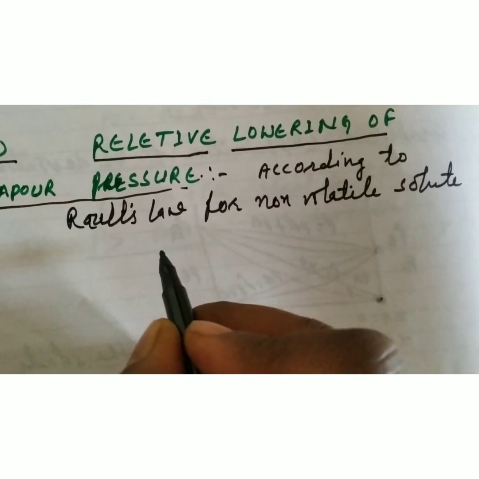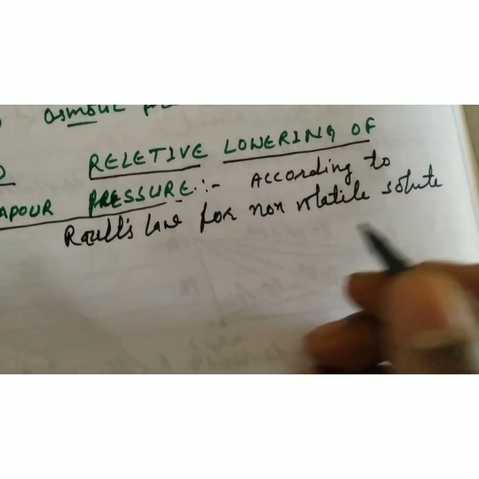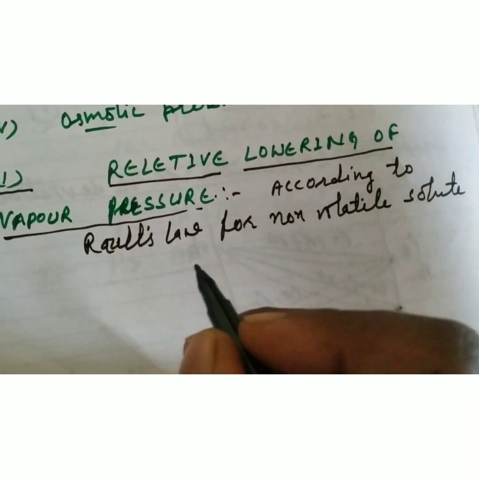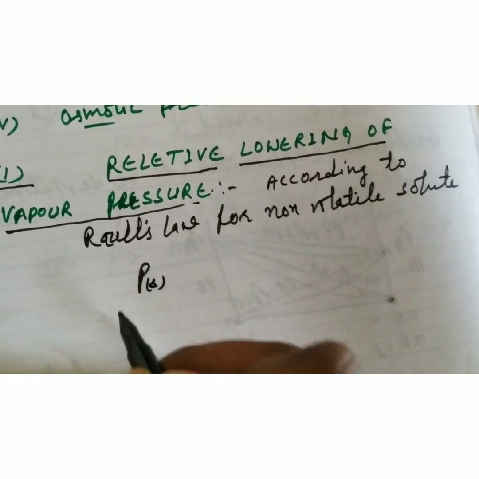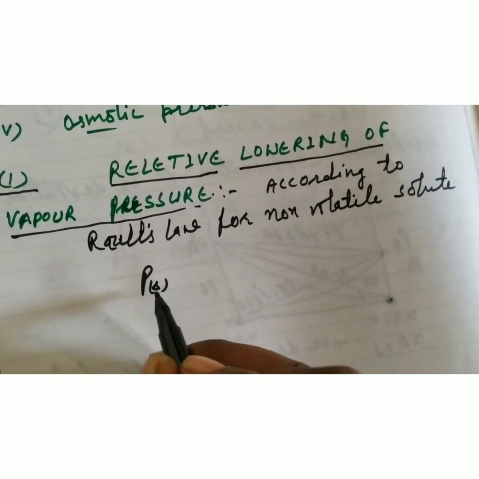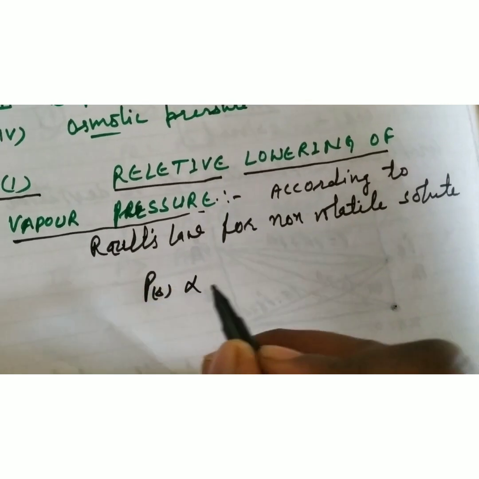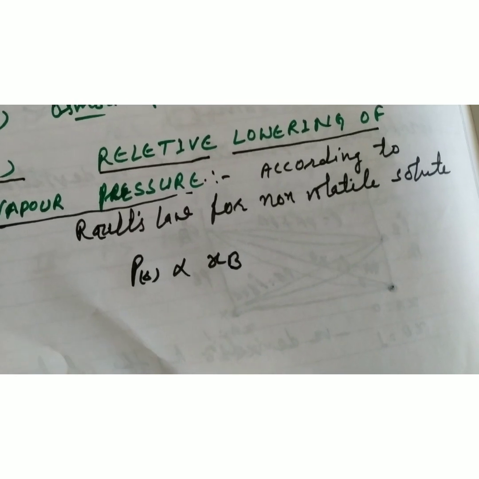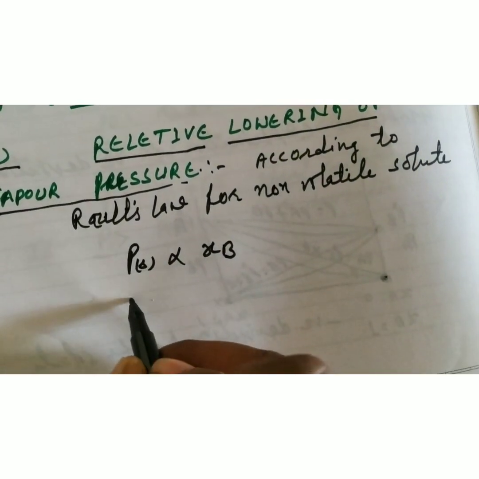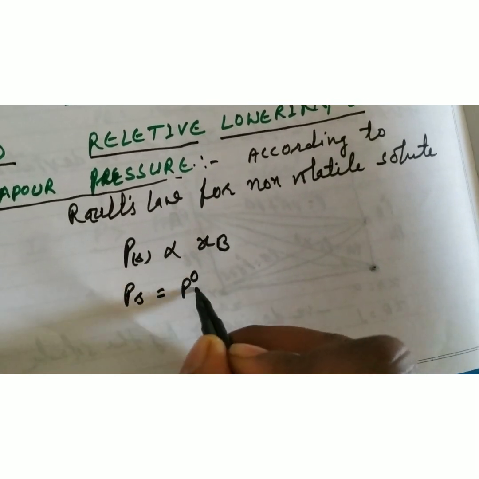According to this law, the pressure of solution, PS, P pressure, S means solution, is directly proportional to the mole fraction of solvent. By removing the proportionality constant, we get PS equals P naught B XB.